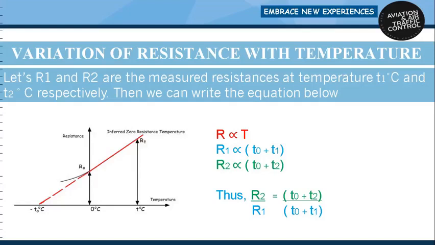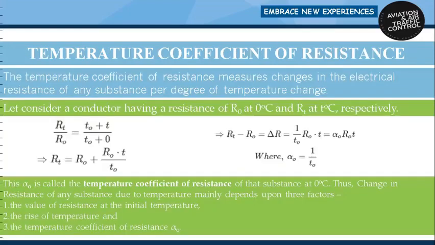This relation will help us to determine the temperature coefficient of resistance. The temperature coefficient of resistance measures changes in the electrical resistance of any substance per degree of temperature change.